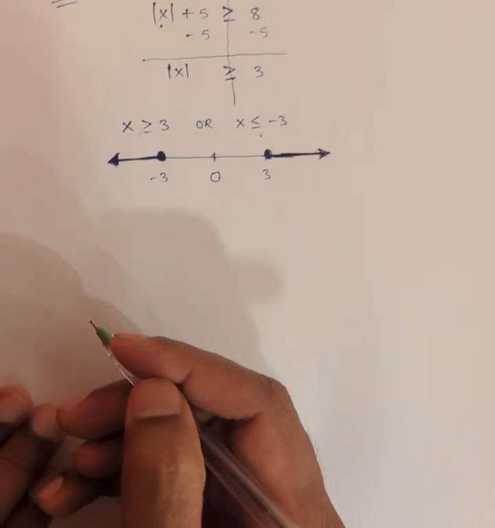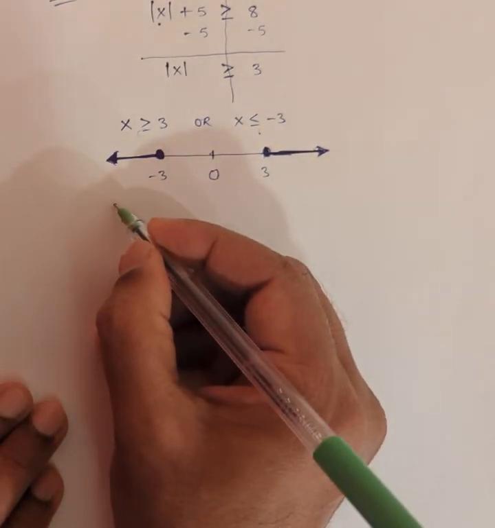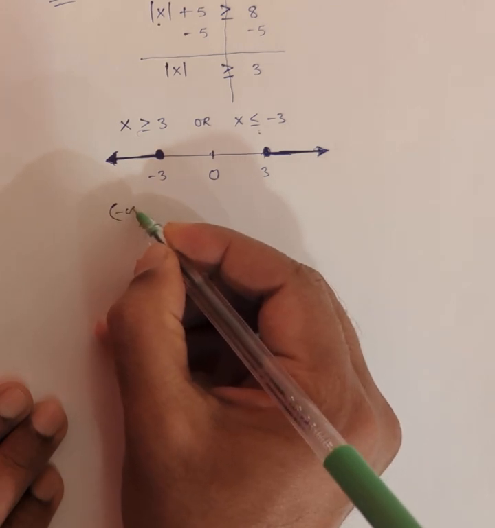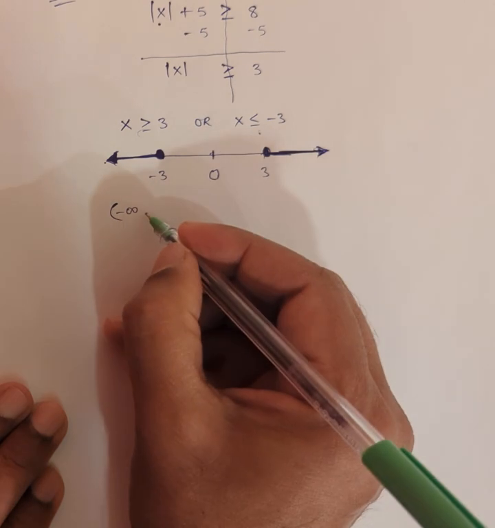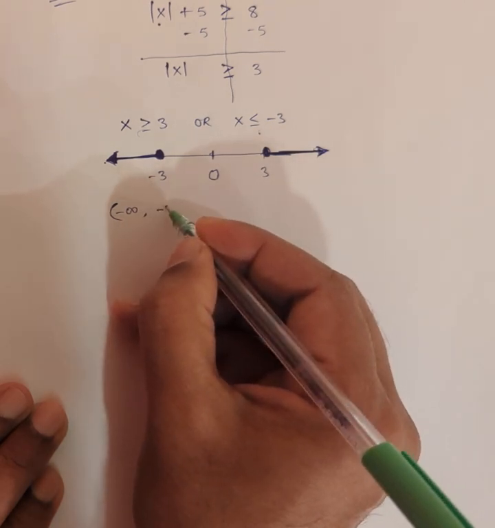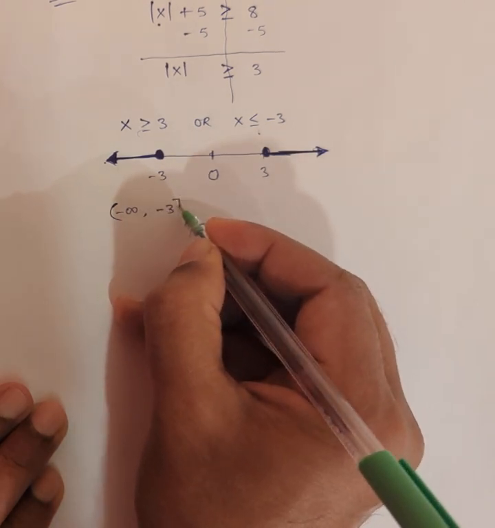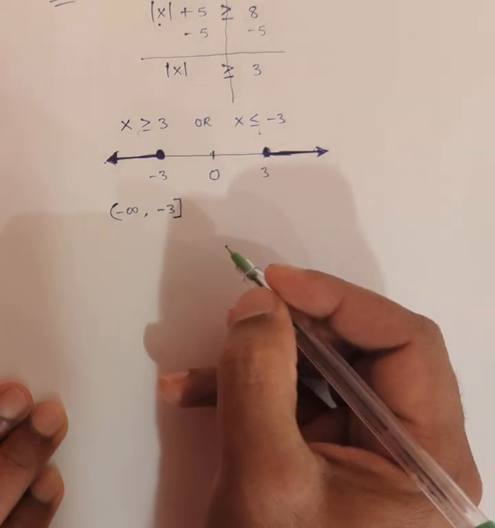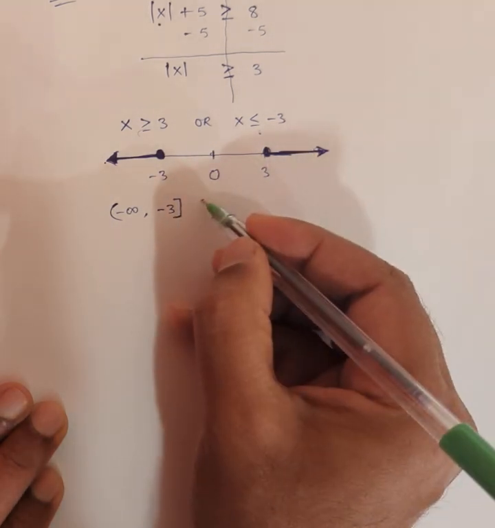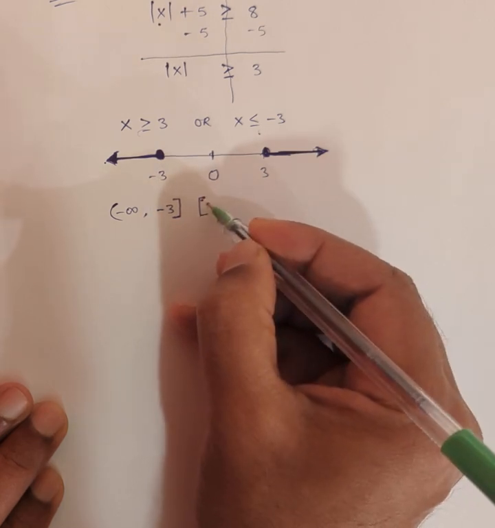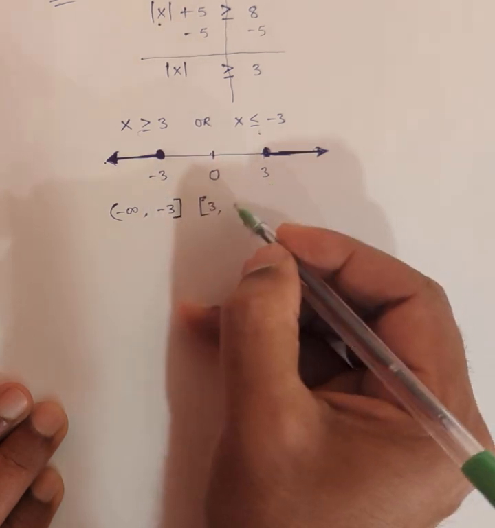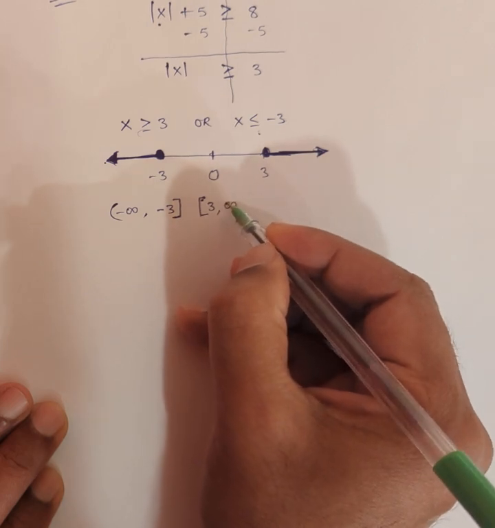So that's the graph. And in interval notation, I'm going to have negative infinity. All the solutions are coming from negative infinity, and they go up to negative 3, including negative 3. So I'm going to use brackets. And then they start at 3 and include 3. So I'm going to use brackets and go all the way to infinity.